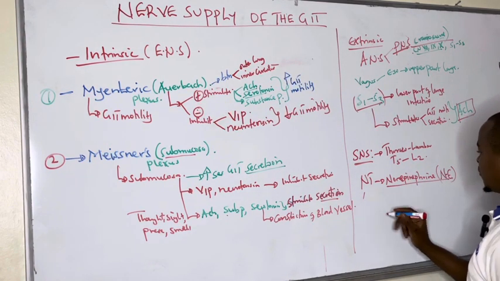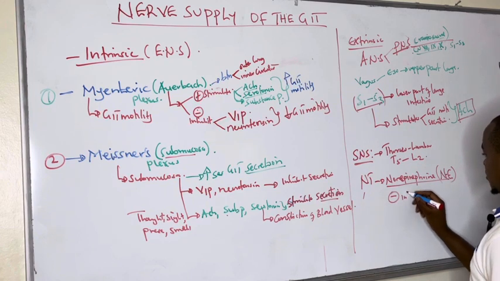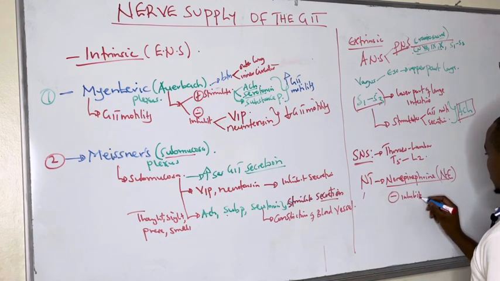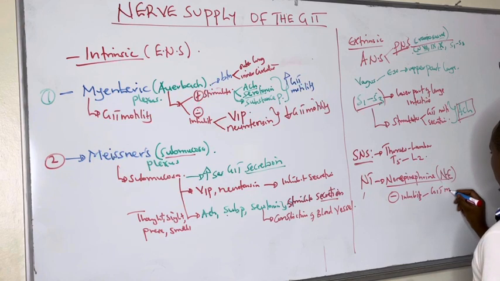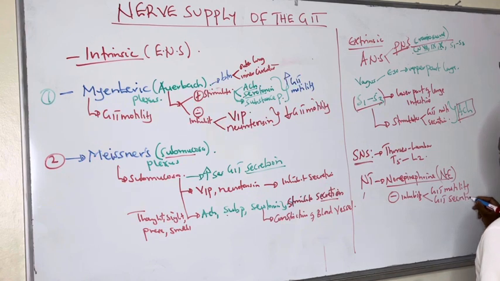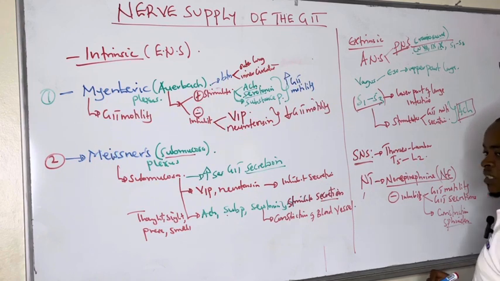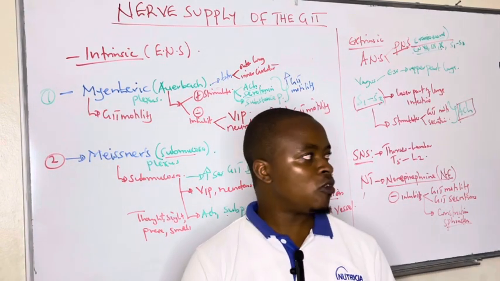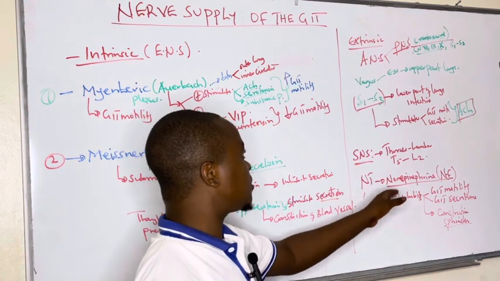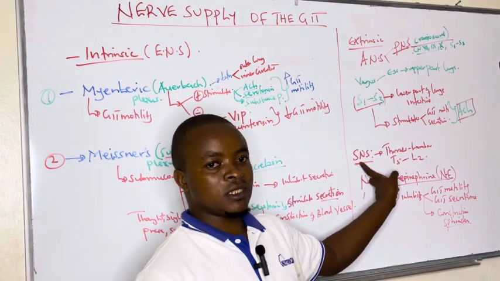And this norepinephrine inhibits GIT motility, inhibits GIT secretions, and at the same time causes constriction of the sphincter muscles. So that is the role of the vagovagal reflex of the sympathetic nervous system.